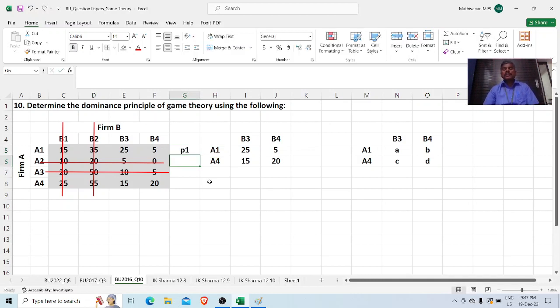The probability with which firm A will use the fourth strategy is P2. The probability with which firm B will use the third strategy is Q1. The probability with which firm B will use the fourth strategy is Q2. Our aim is to find these probabilities P1, P2, Q1 and Q2.